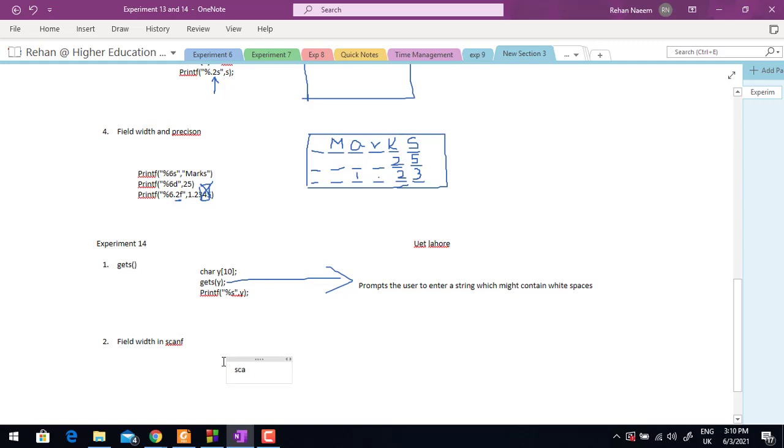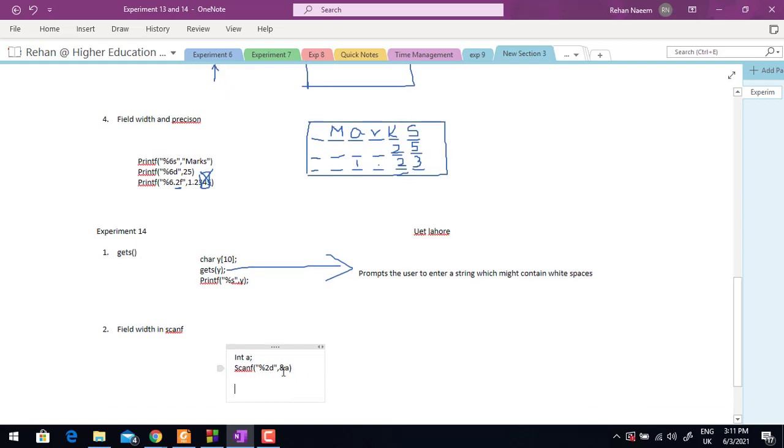So if I write scanf %2d and store that integer in variable a, what will happen?